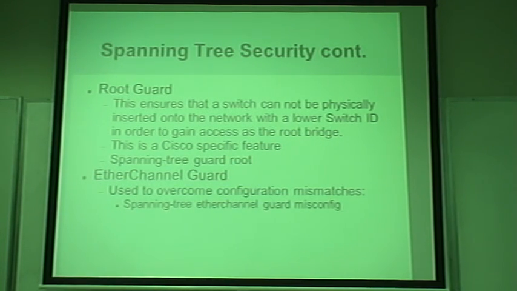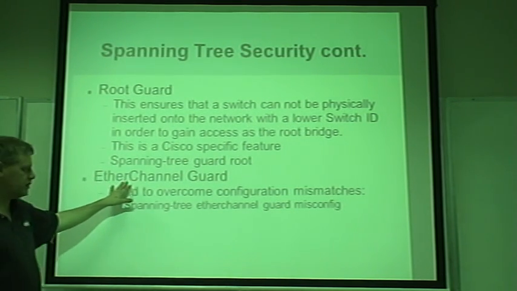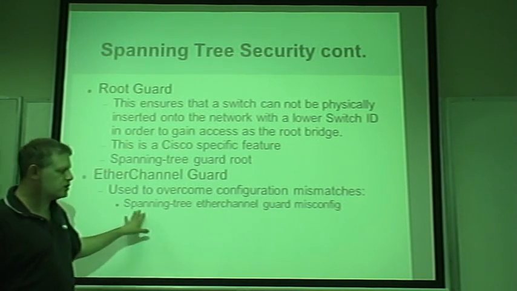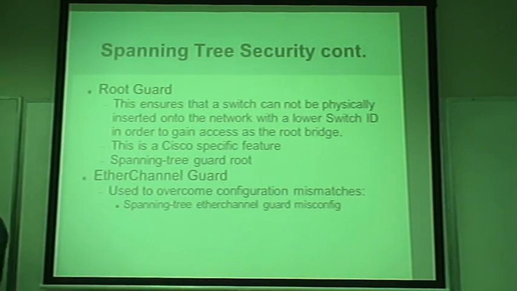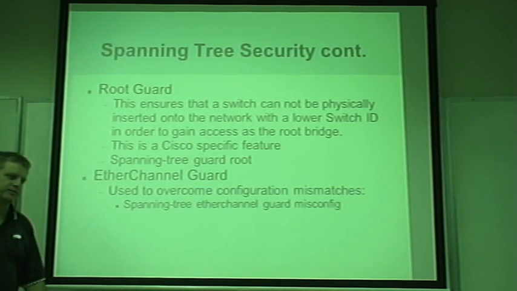Let's say I have 2 gigabit connections here. I can combine them in an Ether channel and get a 2 gigabit connection, and I can make sure that works with Ether channel guard, to ensure that any type of misconfiguration between the two switches does not occur.